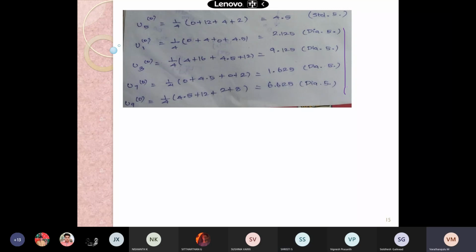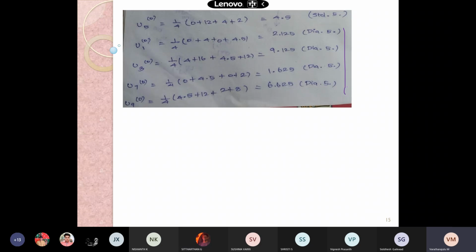Siddharth, these values are concurrent with the square mesh which we drew in the past slide. That is 0, 4, 0, 4 points. All these values are concurrent. Yes, sir. We'll cross check with U9, right?